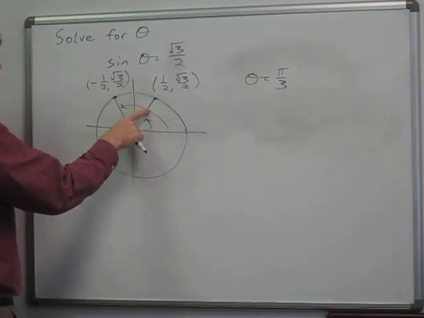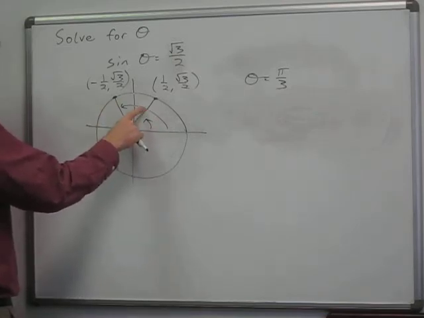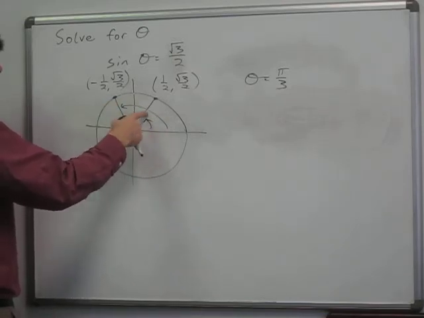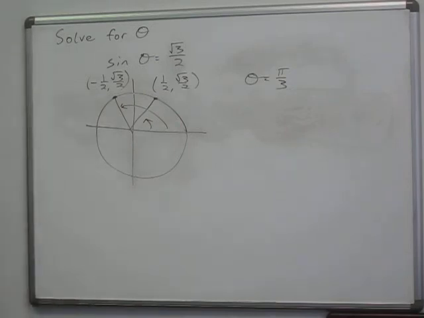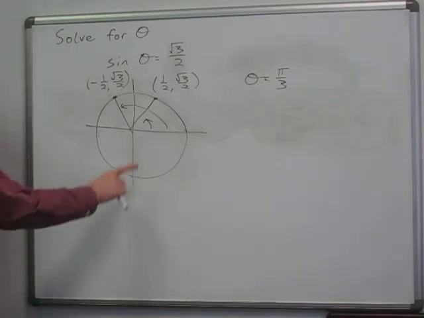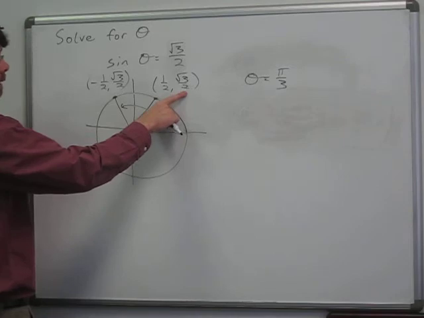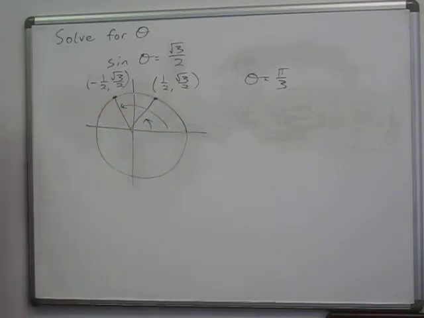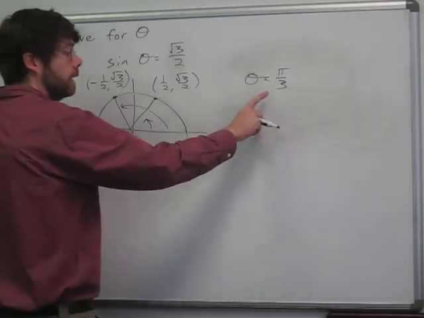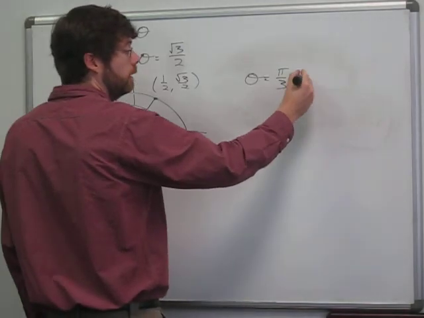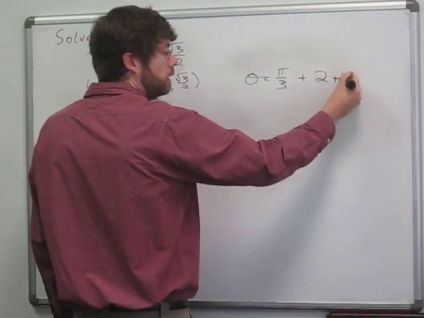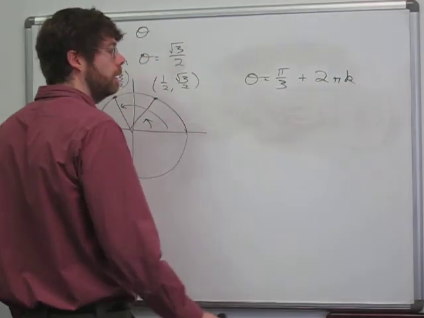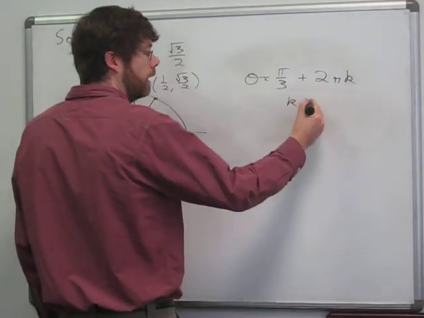Because I could do pi over 3 and add 2 pi, add another 2 pi, or I could subtract multiples of 2 pi, and I'll still have angles whose sine value is radical 3 over 2. So the way to express that concisely is to say theta is pi over 3 plus 2 pi k, where k is any integer.